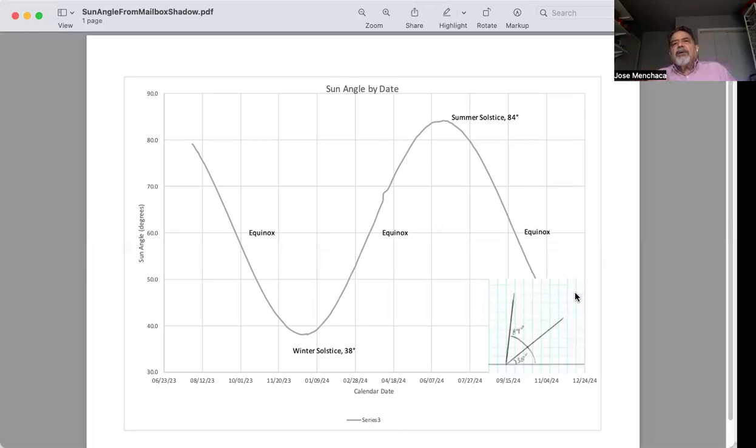So there's this cycle. During the summer, the sun angle is almost directly overhead, and at the winter solstice, the sun is at its lowest angle, about 38 degrees to the south.